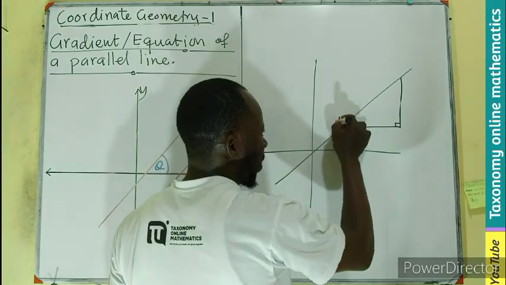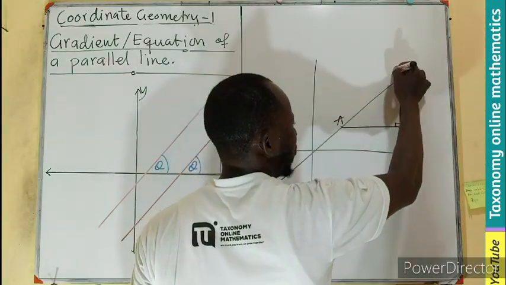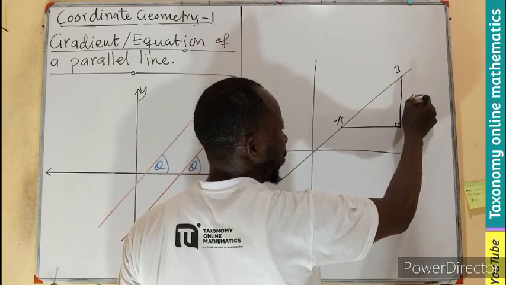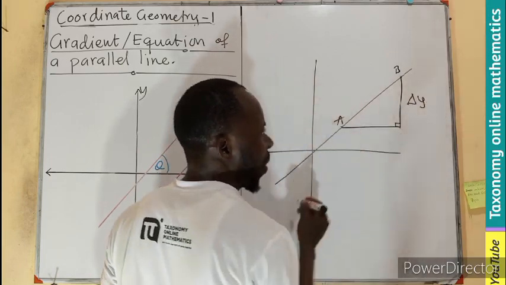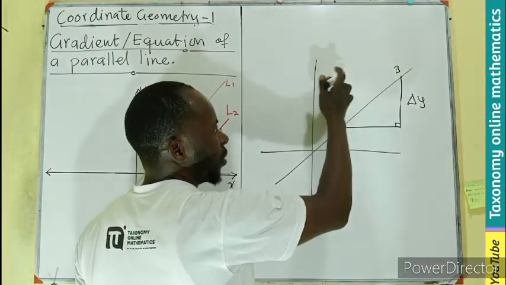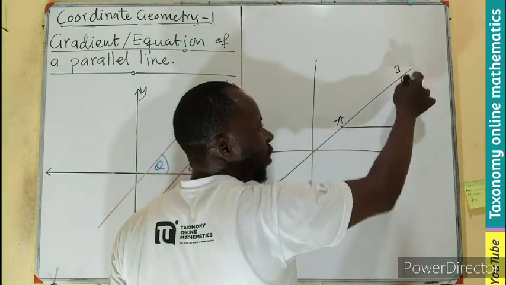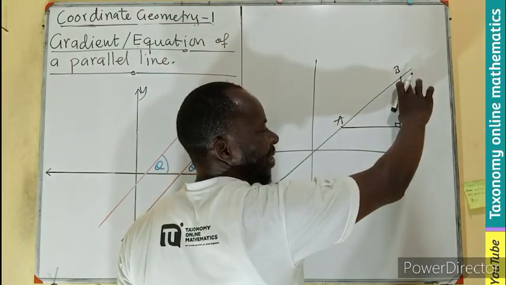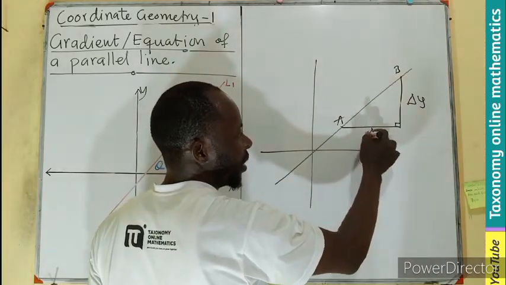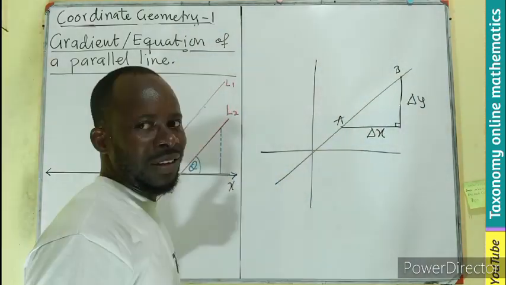If these are the points A and B, this is going to be the change on the y-axis, because this is parallel to the y-axis. This will be y1, y2. The difference between them will give us the distance here. Then this will also be the change on the x-axis.